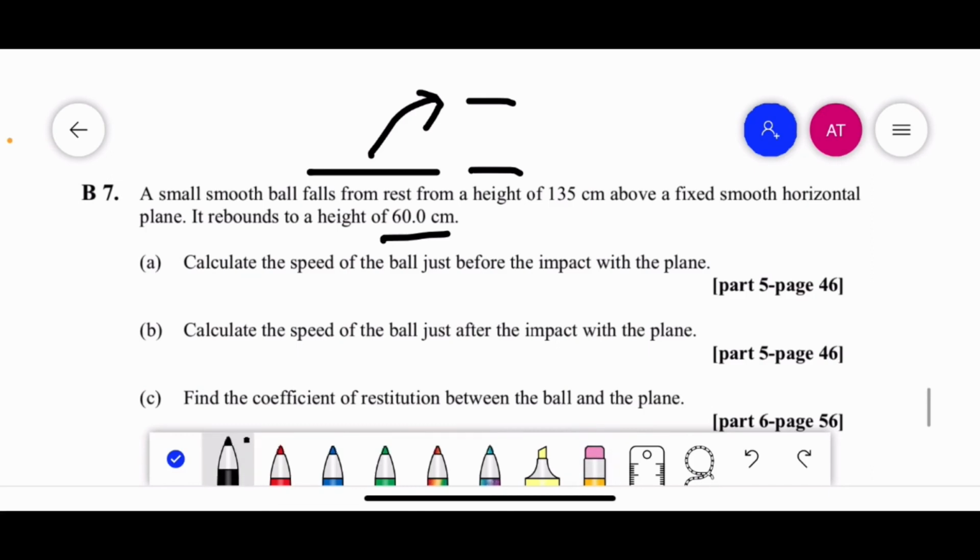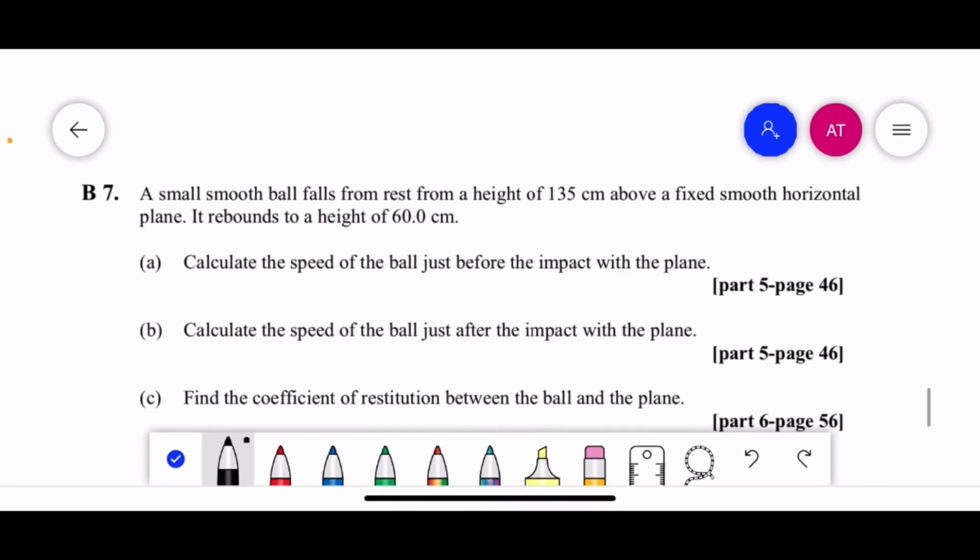If we substitute, we get half mv squared is equal to mgh, where h is 60 centimeters. If we substitute, we get v is equal to 3.43 meters per second.